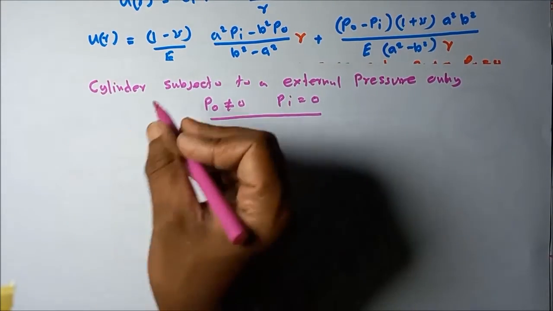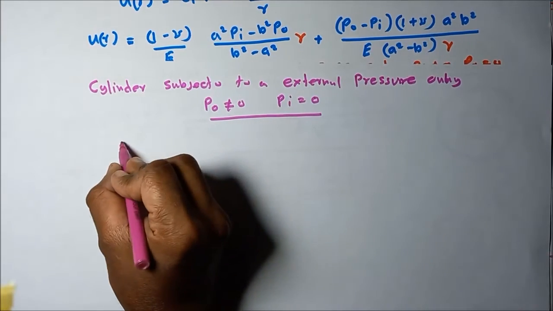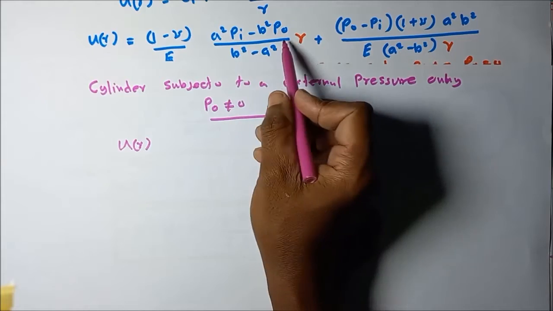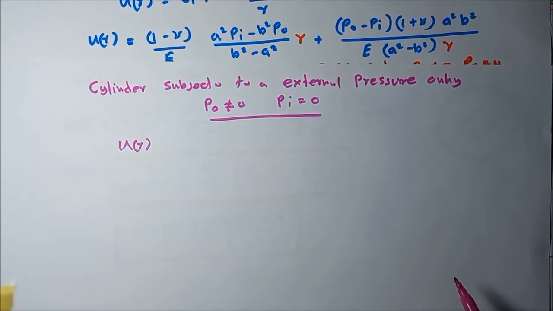Okay, in this situation I am going to reduce this equation. By putting Pi is equal to 0 in this equation, we are able to obtain that equation.